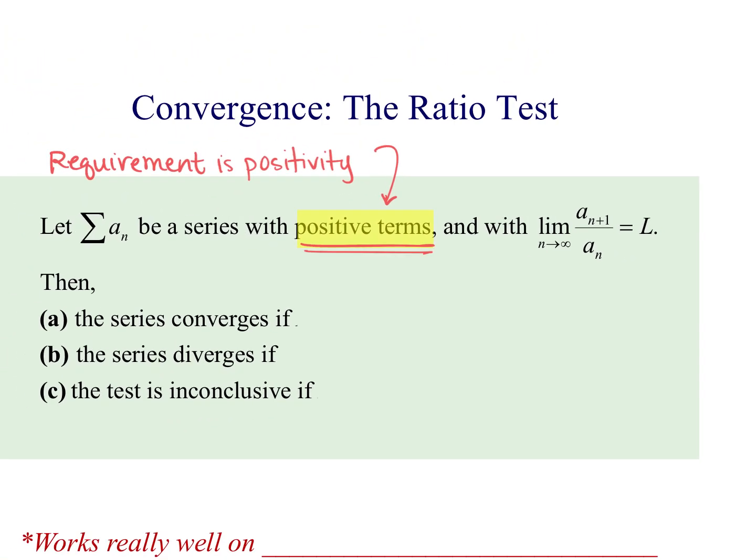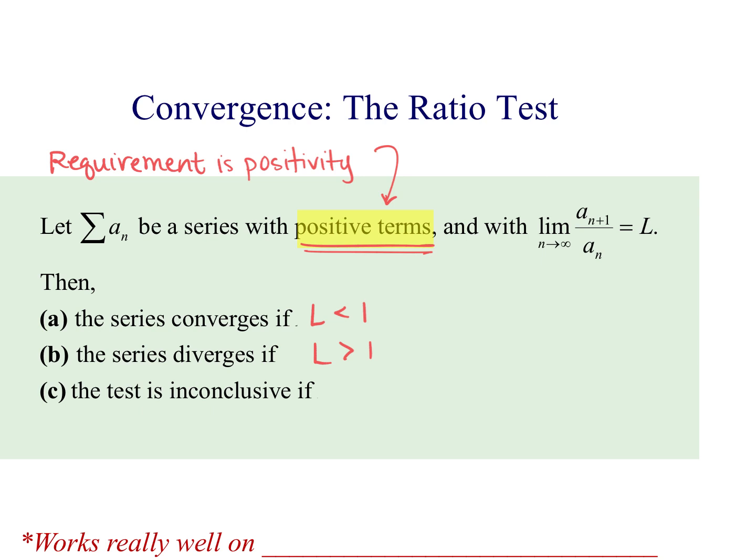If the result, L, is less than 1, so if L is any number that is less than 1, the series will converge. 2/3, pi/6, okay? Any value that's less than 1. The series will diverge if the numerical value you get is anything greater than 1.